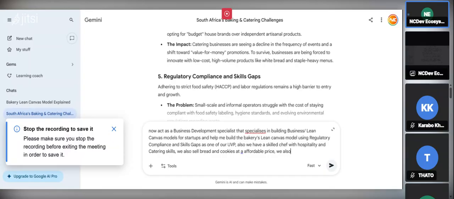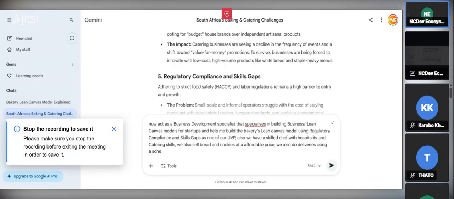We also do deliveries using a schedule, right? So certain times we go out and do deliveries for the ones that requested deliveries.